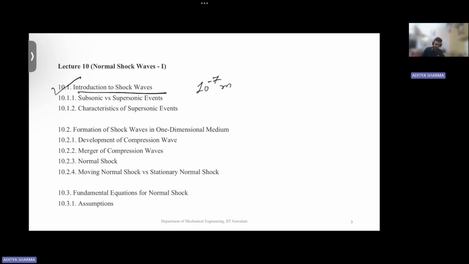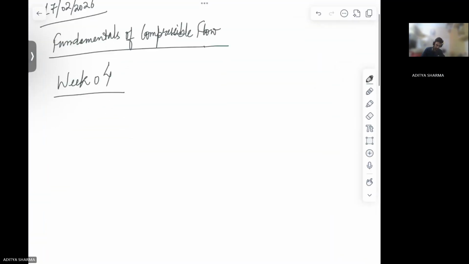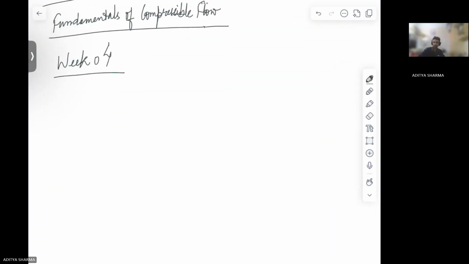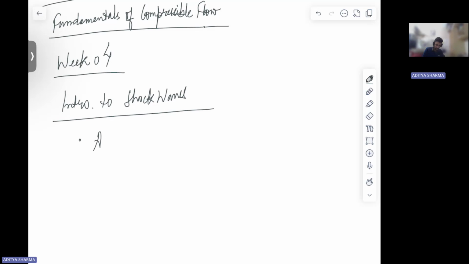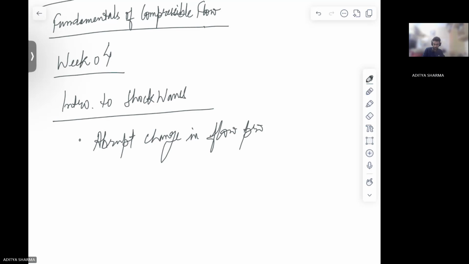And then there is an abrupt change in flow properties across a normal shock wave or across a shock wave.